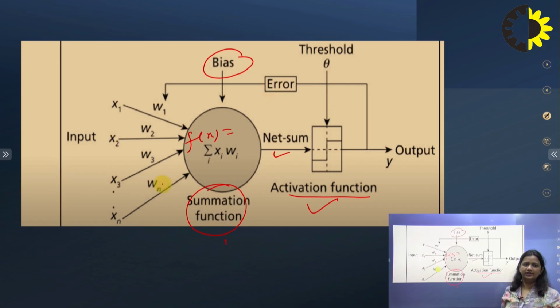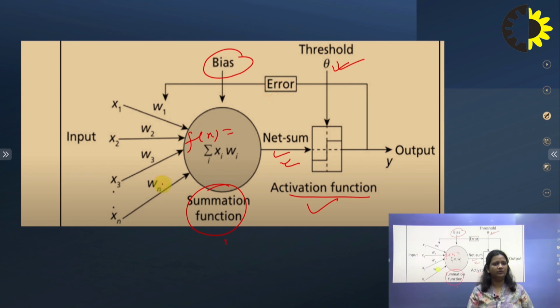This is a bias we discuss. It is a constant value which is independent of the input, and we use the bias to adjust our weights and so on. Now we compare the net sum with the threshold value, and then we produce an output that we will denote by y is equal to output.